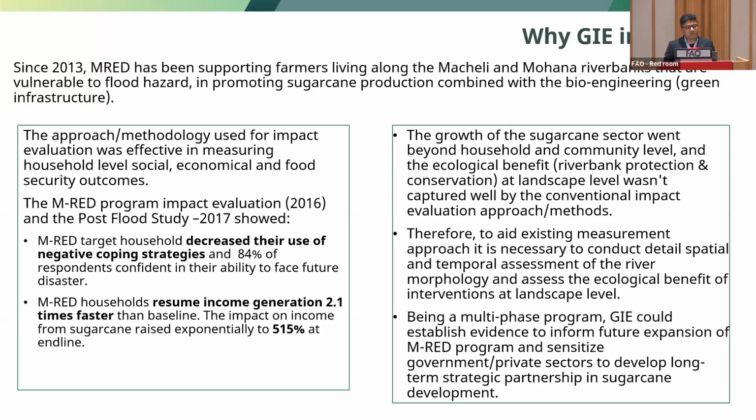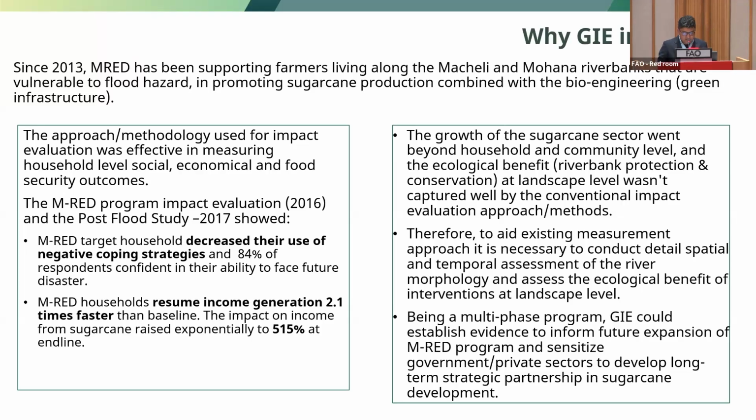But we also saw around 518 hectares of land being protected, and increased greenery and vegetation, and all of this was not being captured by the household surveys. Thus, we wanted other ideas that captured those benefits. Thus, GIE was introduced as a pilot study in the MRED program.